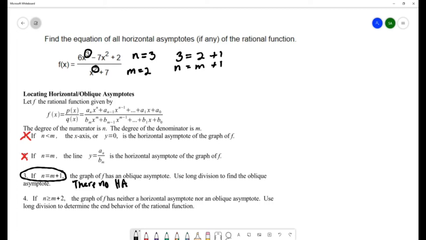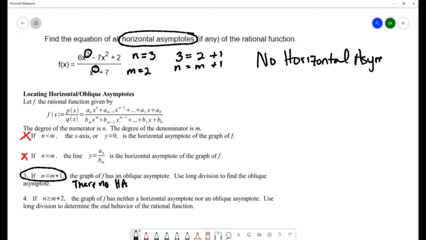So these instructions say to find horizontal asymptotes. We're going to say that there are no horizontal asymptotes for this function, f of x. This graph will have an oblique asymptote, or slant asymptote.